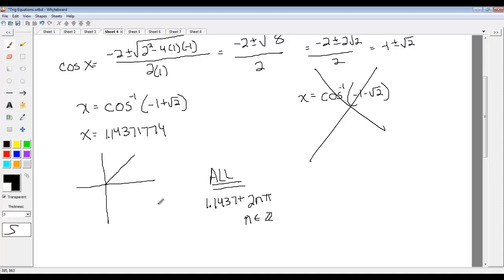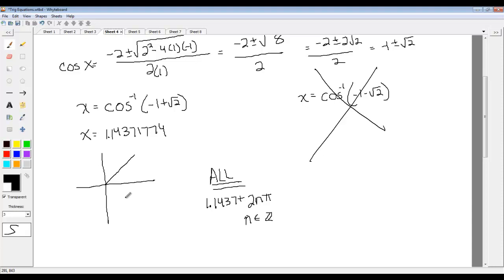But it turns out too, also, you've got a smart trig class. If you're doing cosine of a, if your cosine equals something positive, not only is that going to work in quadrant 1, it's also going to work in quadrant 4.